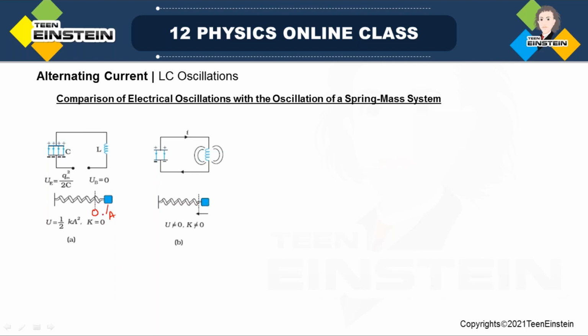At this condition, this mechanical system will be holding the maximum potential energy. You can see U is equal to half K A square, where A means the maximum amplitude. So this is the energy stored by the spring, the potential energy of a spring.